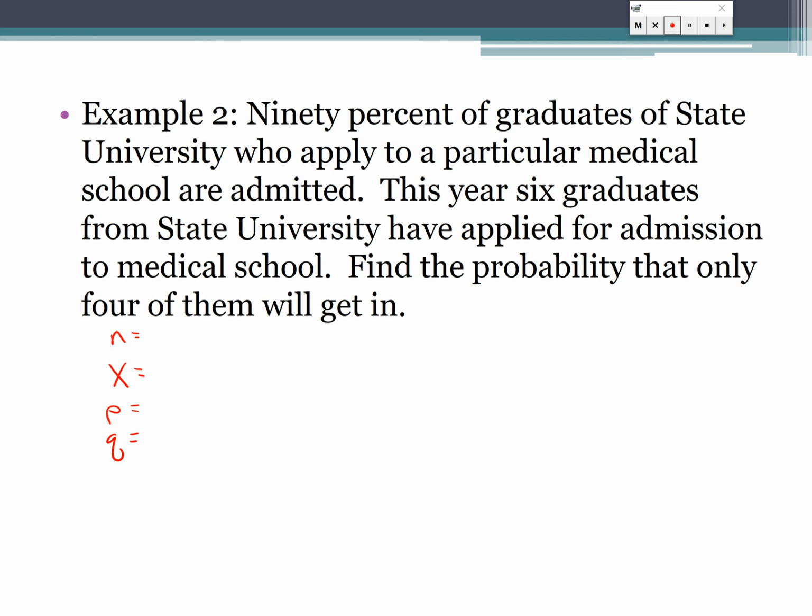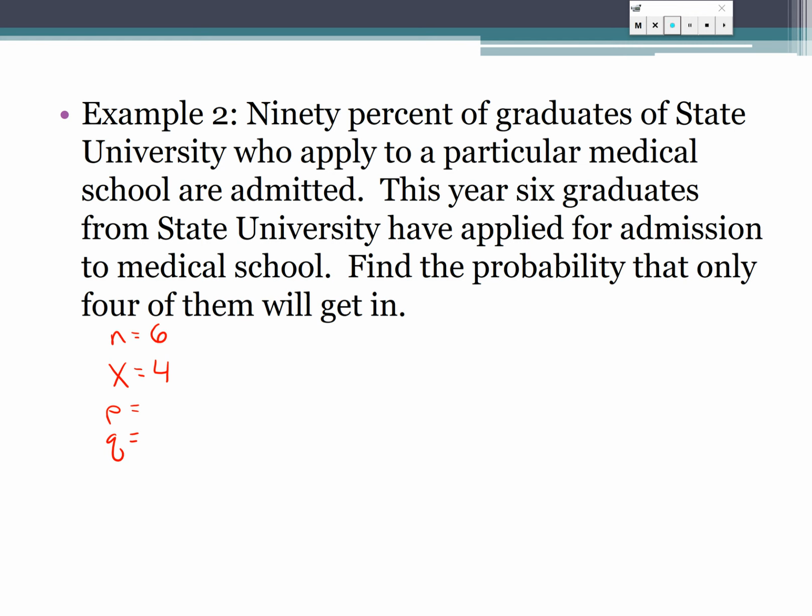N represents our total number of trials. And in this case, a trial is the graduate that's applying. So there's 6 of them. The capital X represents the number of successes we would like. We want to know if 4 of them will get in. P is the probability of success.